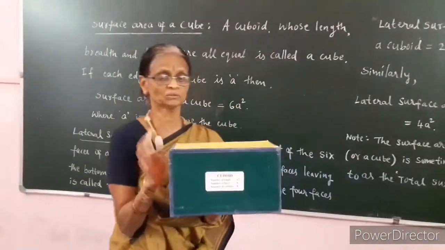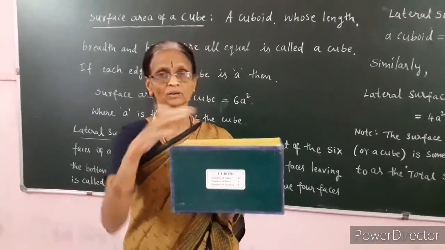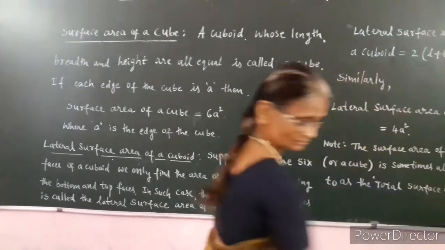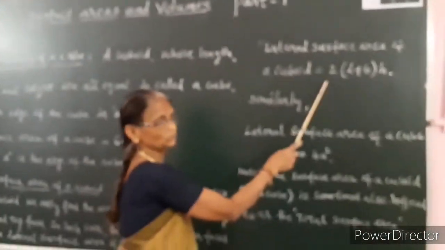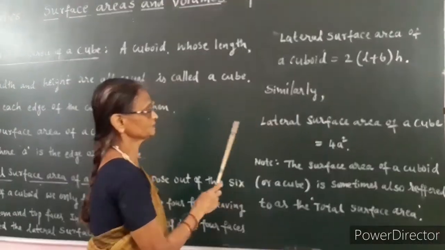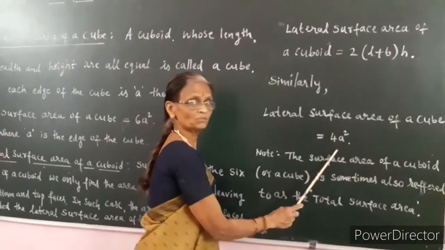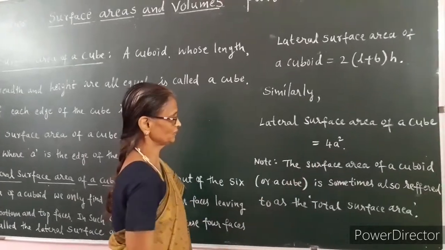Now I have to take only the 4 faces of the cuboid, leaving bottom and top faces. So the lateral surface area of a cuboid equals 2 into (L plus B) into H. Similarly, in case of a cube also, the lateral surface area of a cube equals 4 into A square. It has 4 sides. Consider only the 4 faces.